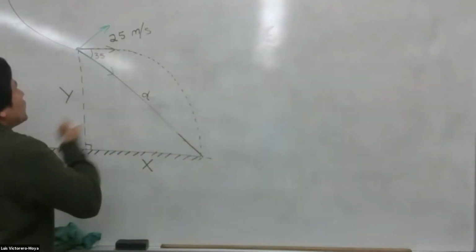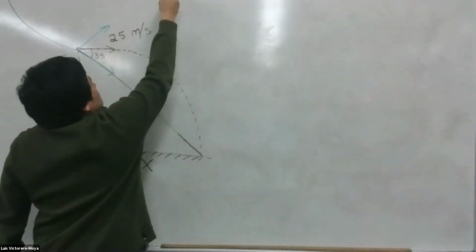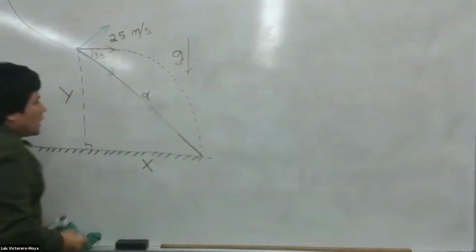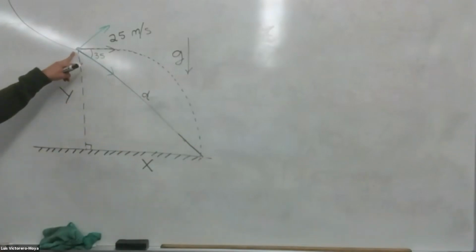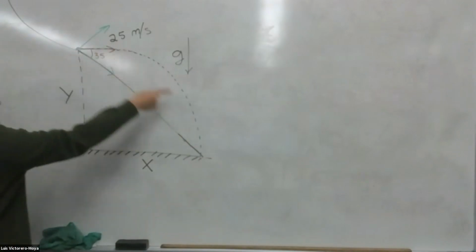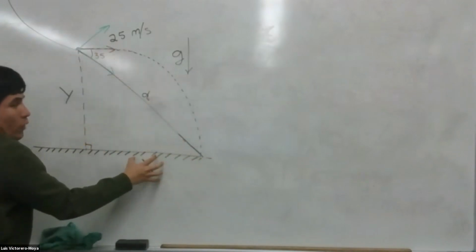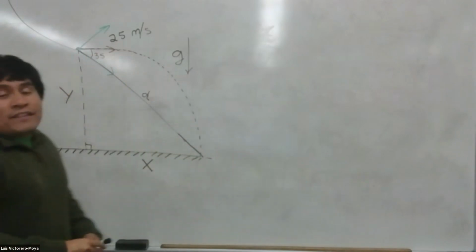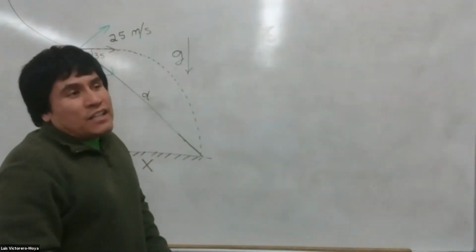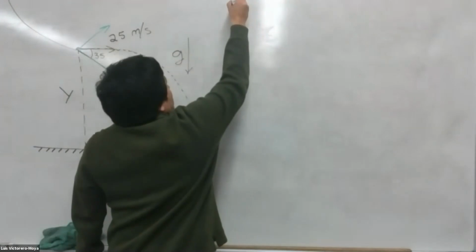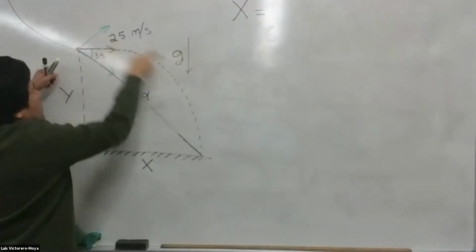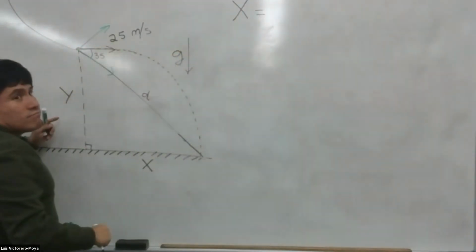How? We're going to use free fall projectile motion. So let's actually leave gravity going down. And we can draw this dashed line, and we have a free fall projectile motion where x is your range and y is your height that you don't know, but you write the equations for those. There is no vertical initial speed. So on x, you only have 25, and horizontally, gravity doesn't affect.